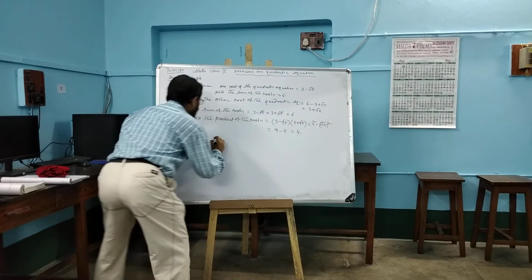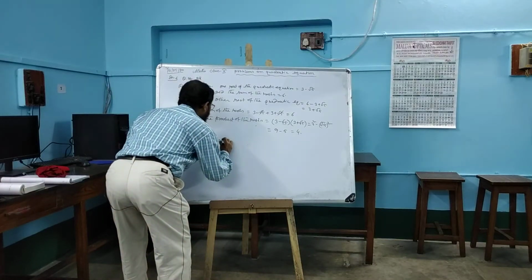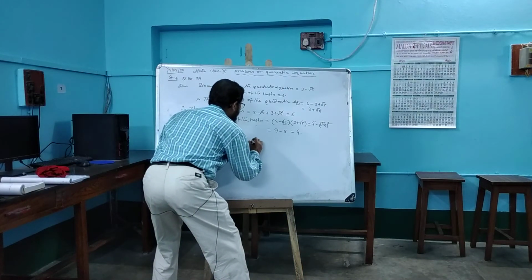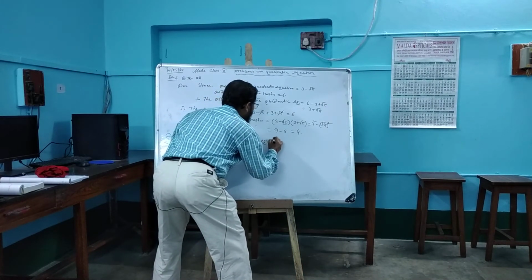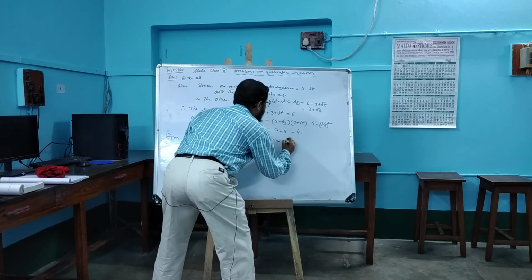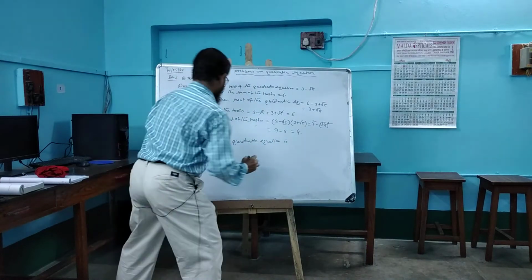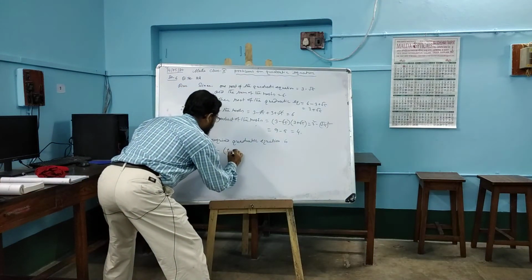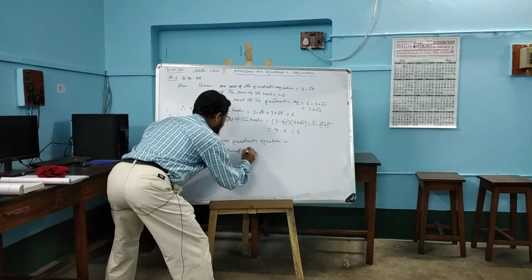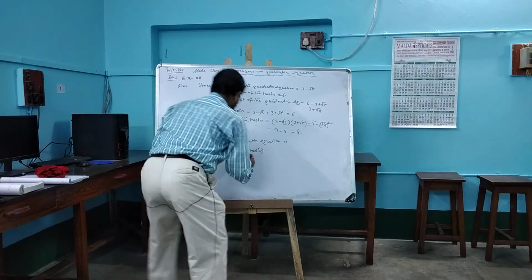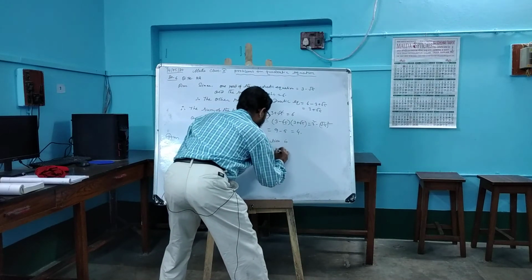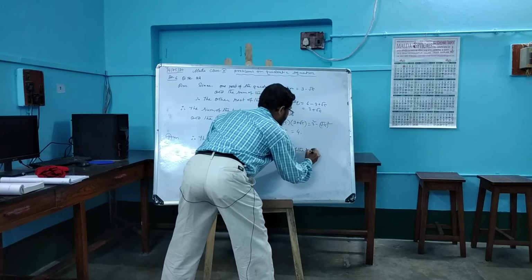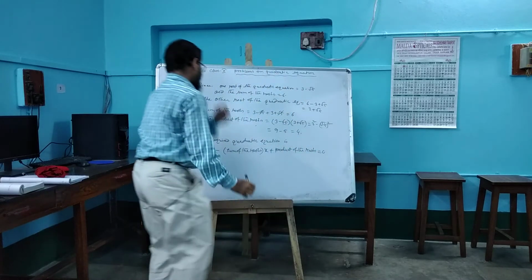Answer. Therefore, the required quadratic equation is x square minus sum of the roots into x plus product of the roots equal to 0.